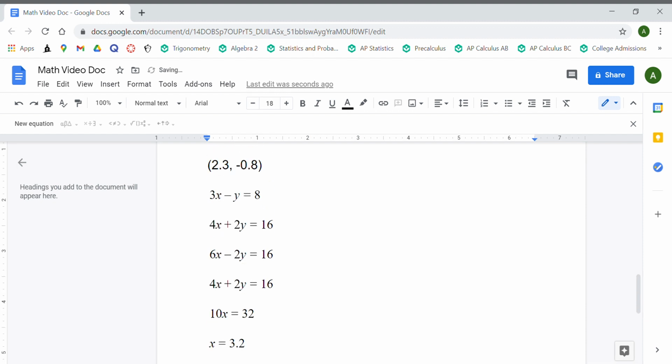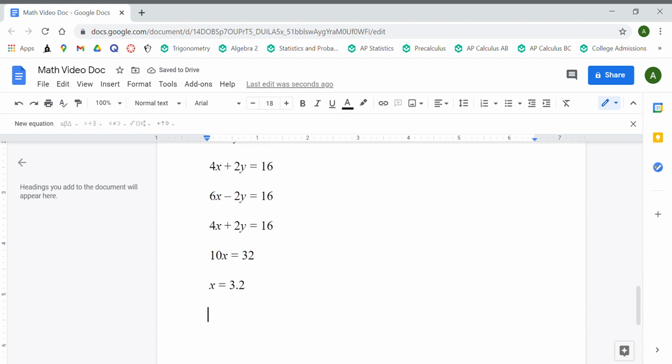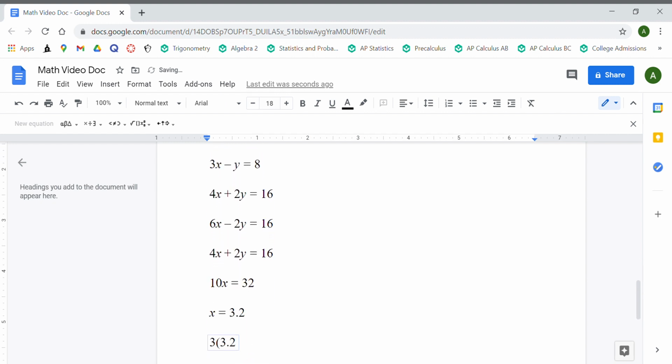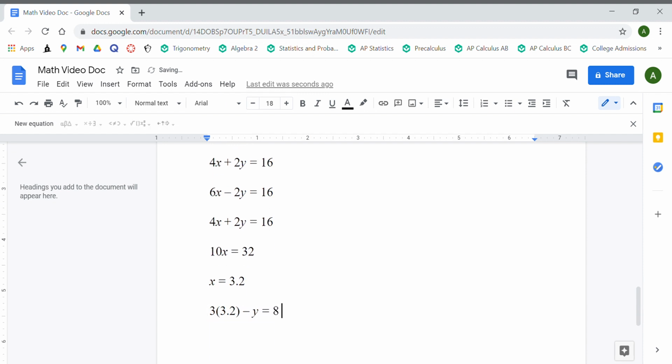Now I'm going to substitute that in for this equation right here, 3x minus y equals 8. So it's 3 times 3.2 minus y equals 8. We're going to simplify. 3 times 3.2 is 9.6 minus y equals 8.